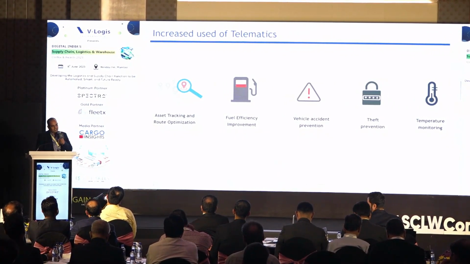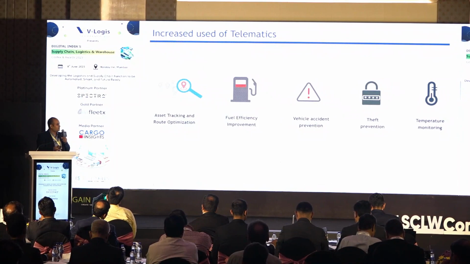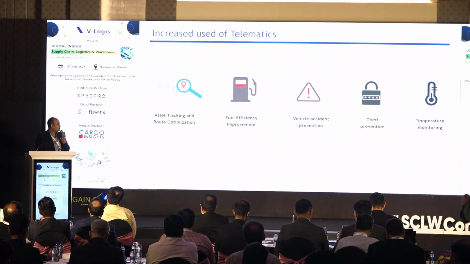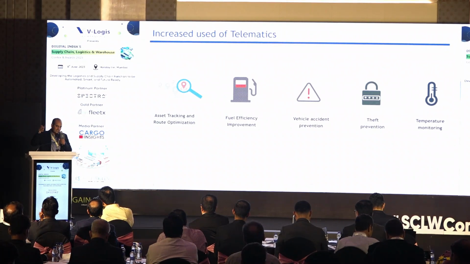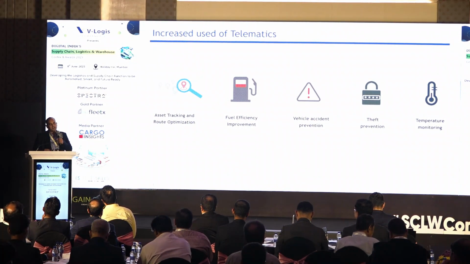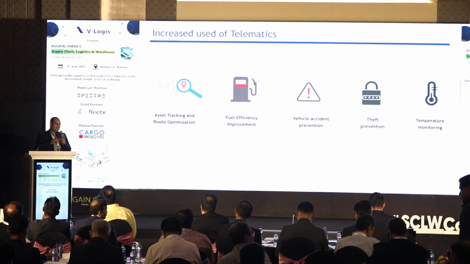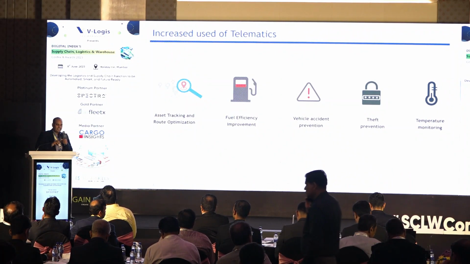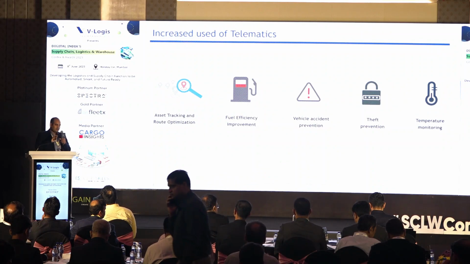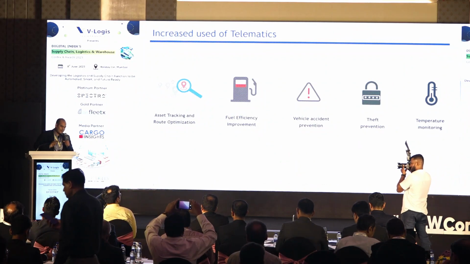So a lot of things, apart from that fuel theft, there are a lot of opportunities in fuel efficiency improvement. If you want to know about it, we can connect offline and I can tell you about it. Vehicle accident prevention: there are cameras on the dash which tell about driver efficacy. There are other ways wherein driver behavior is seen. Even if an accident happens, it is able to find the root cause, why that has happened.